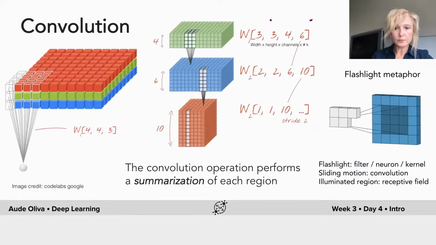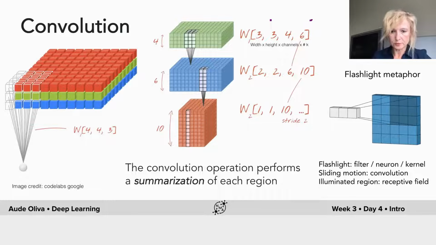The convolution operation performs a summarization of each region of the image or the matrix. For example, imagine a flashlight covering a region of 3 by 3 pixels directed over the top left corner of an image and moving. The flashlight can slide across the entire image, covering a new region with each movement.